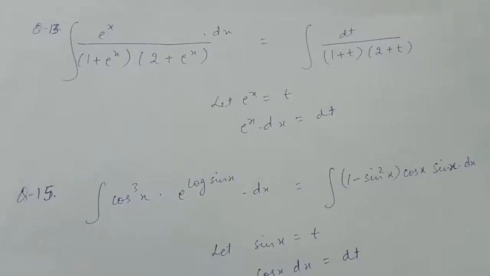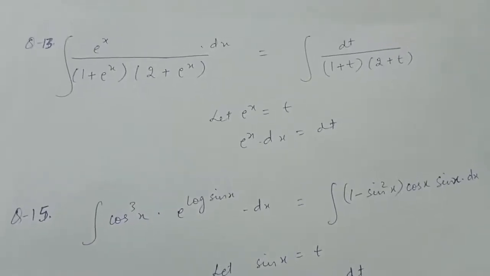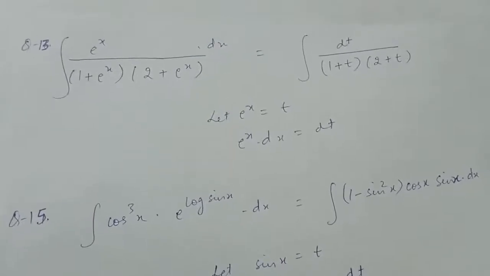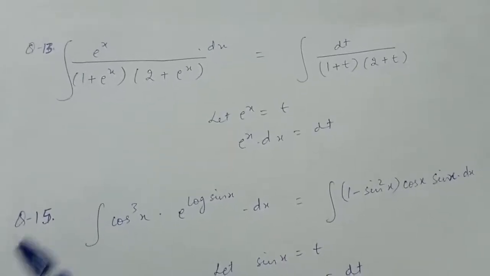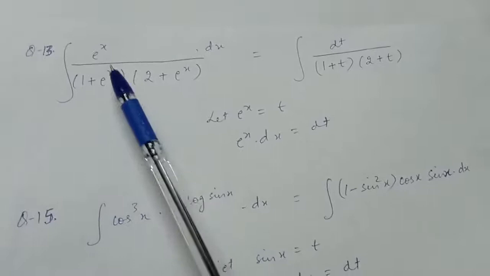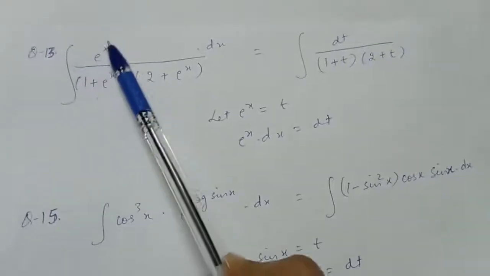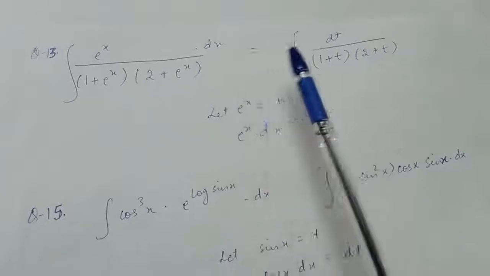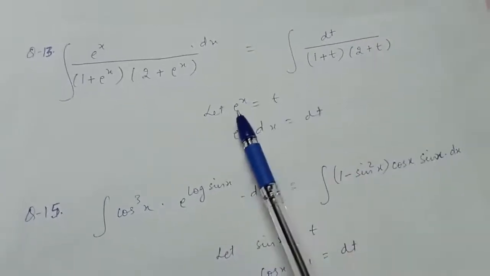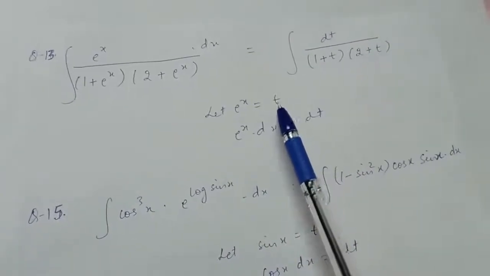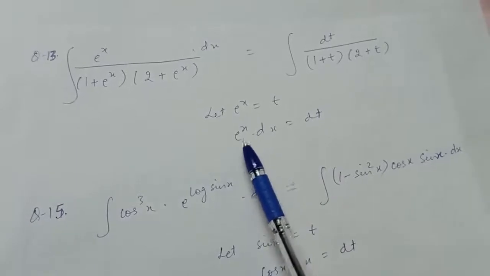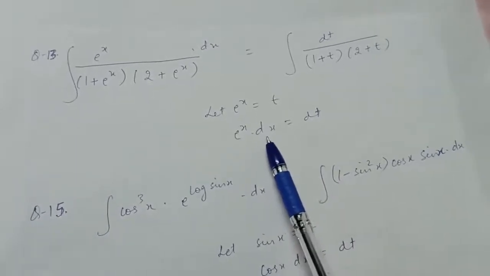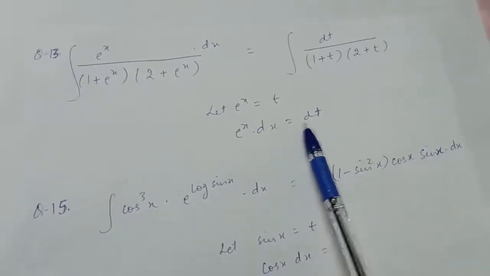I am giving you the hints for the next 12 questions of miscellaneous. So question number 13th is given as this. Now see, in this question, e raised to the power x is in the numerator and also in the denominator. So to change it in this type of form, let e raised to the power x as equal to t. Now after differentiating, you will get e raised to the power x into dx equal to dt.